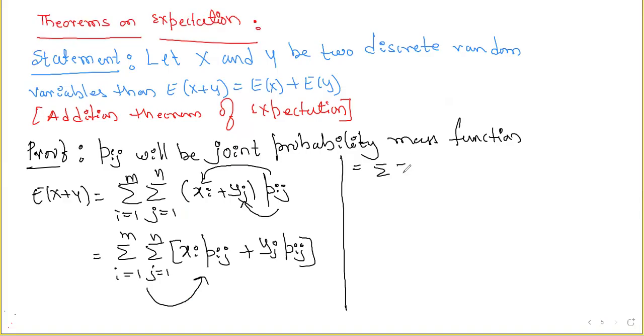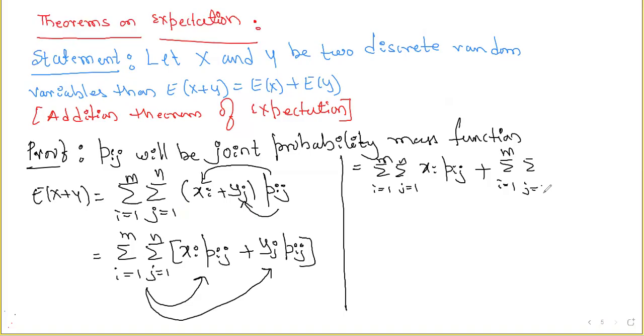So double summation, i running from 1 to m and j running from 1 to n, xi Pij, plus the double summation applied to the second term, i running from 1 to m, j running from 1 to n, yj Pij.